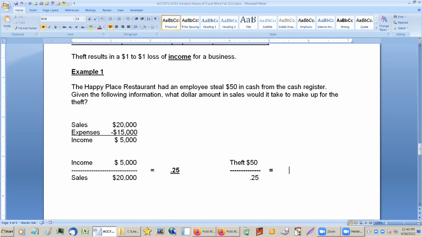Let me use my calculator here for a second. 50 divided by 0.25. $200. Sorry about that. So this is what the sales would be required to make up for that $50.